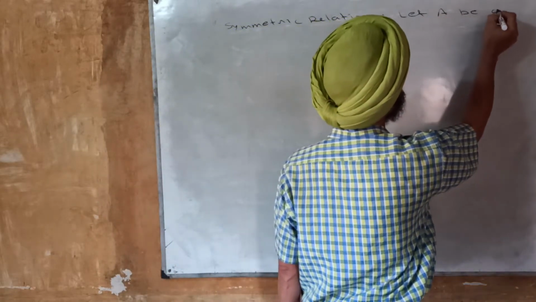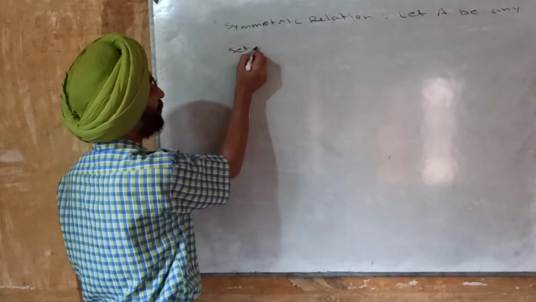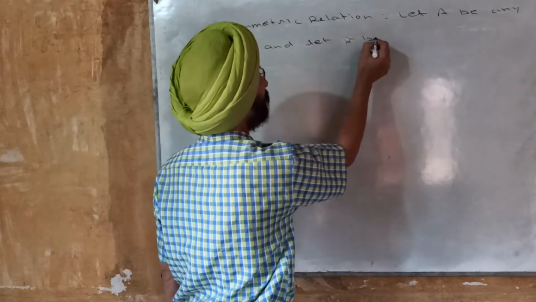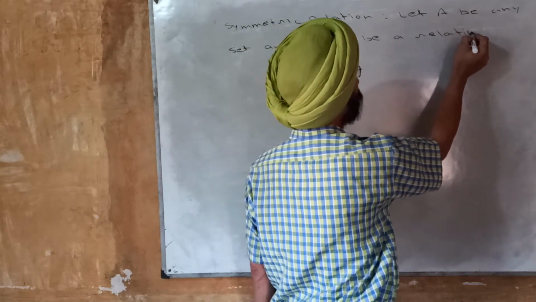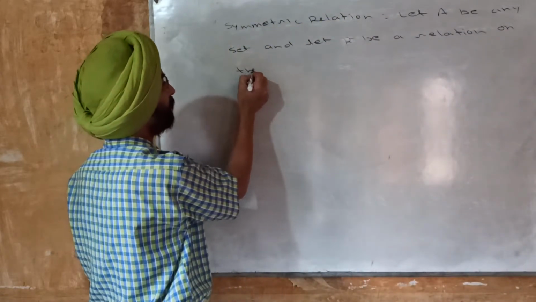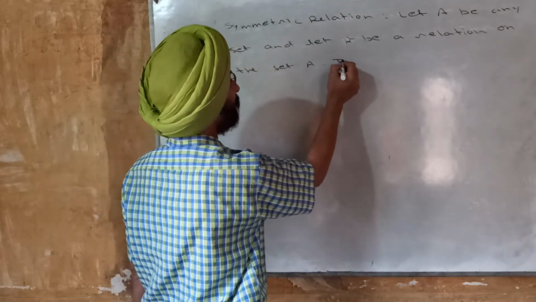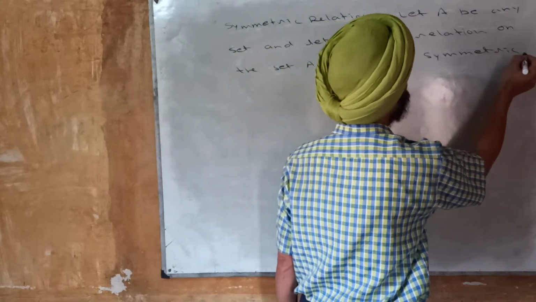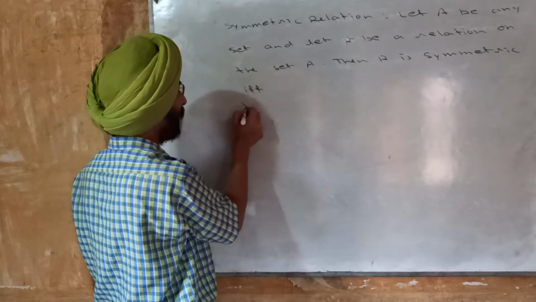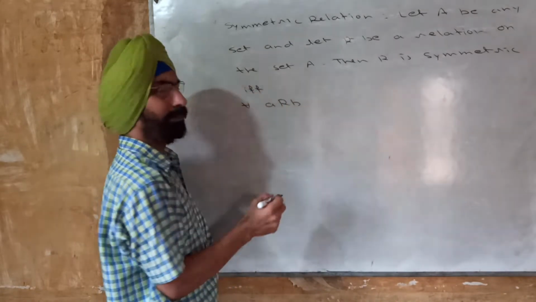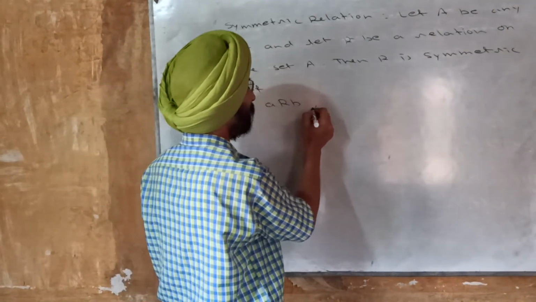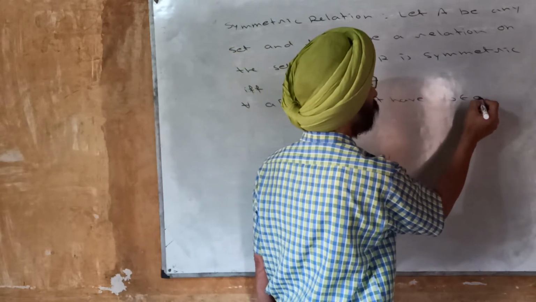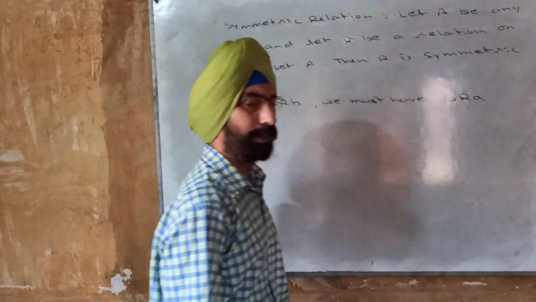Let A be any set, and let R be a relation on the set A. Then R is symmetric if and only if for every a related to b, we must have b also related to the member a.